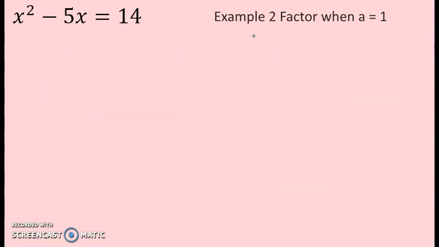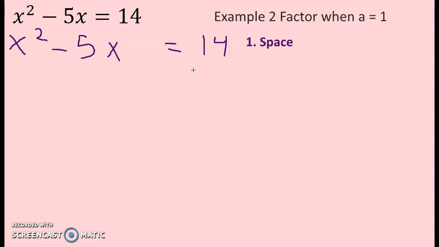Example 2. Factor when a equals 1. So if x squared minus 5x equals 14. The first step is to rewrite it and give yourself some space on the left side of the equation so you can move that 14 over.